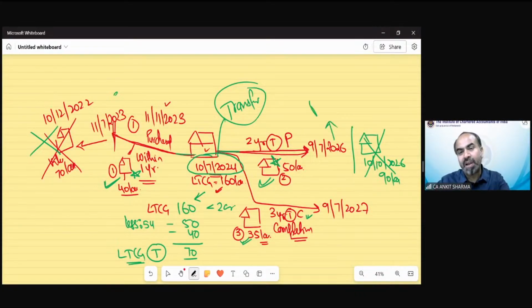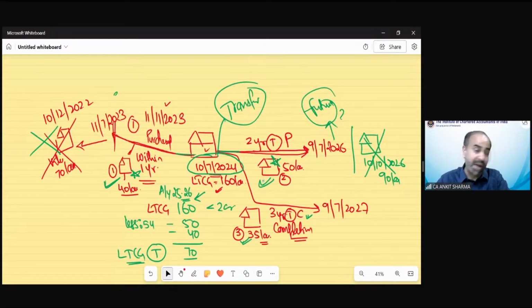How we will know that assessee will claim or purchase this house in this year? And if he is going to purchase in 9 July 2026 or before that, then how we will calculate this capital gain in assessment year 25-26? So practically you can think it that if the property or house is going to be purchased within 2 years, or construction is going to be done within 3 years, then we will come to know when the house is purchased or construct after 2 or 3 years.